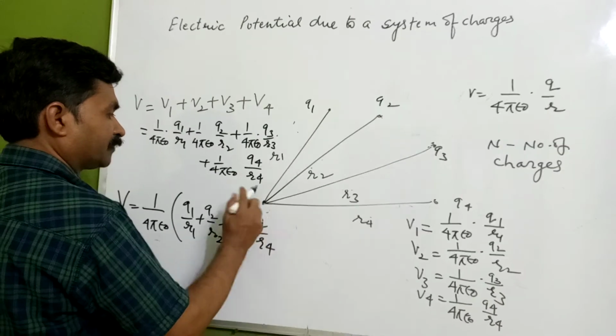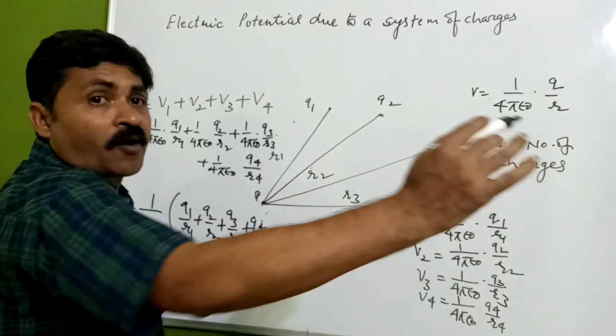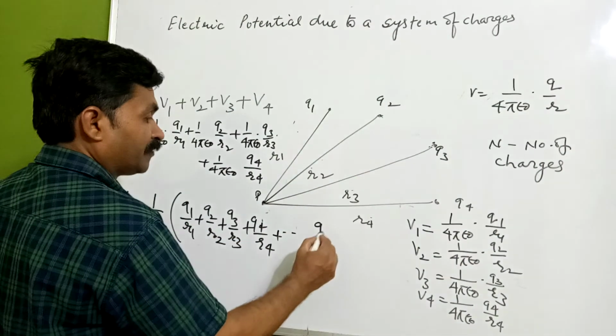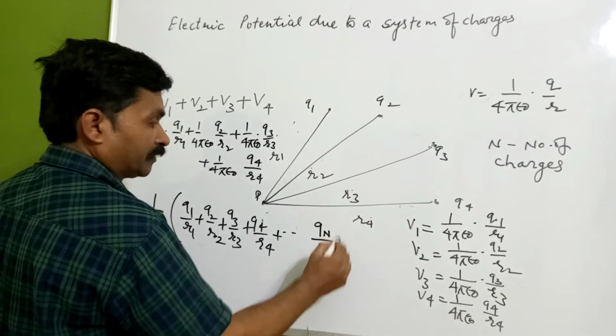And if we have n point charges, that will be Qn upon Rn.